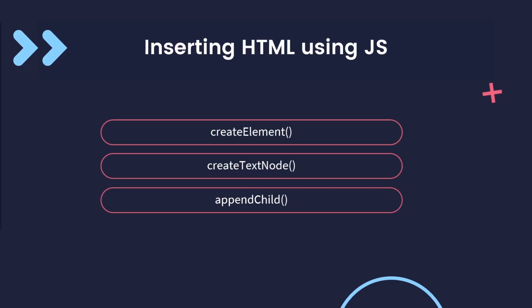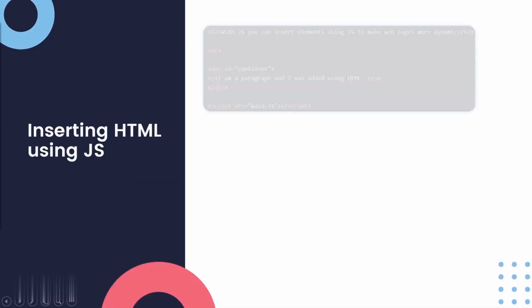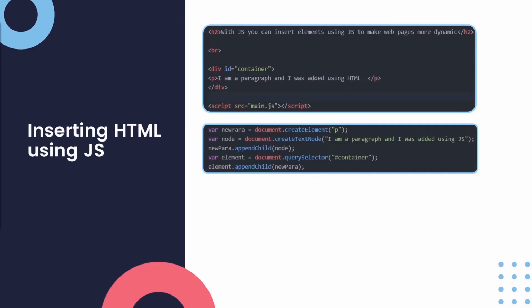Now let's have a look at a code example over here. Now, in our example over here, we've got both our HTML code as well as our JavaScript code. In our HTML code, we actually embed a paragraph tag that reads, I am a paragraph and I was added using HTML. Now, if we move over to our JavaScript code, we are creating this new variable called newPara for new paragraph.